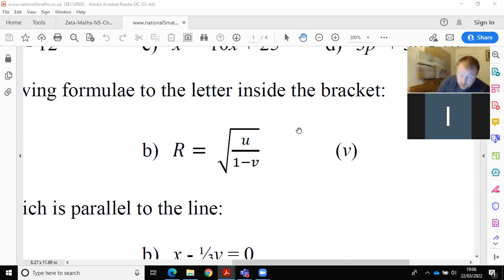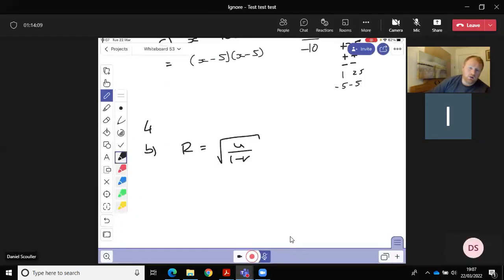Let me just copy that down. So we're trying to get V, we're trying to isolate that letter V. First step, move that root over. Moving a root over becomes a squared term, and that releases the rest.